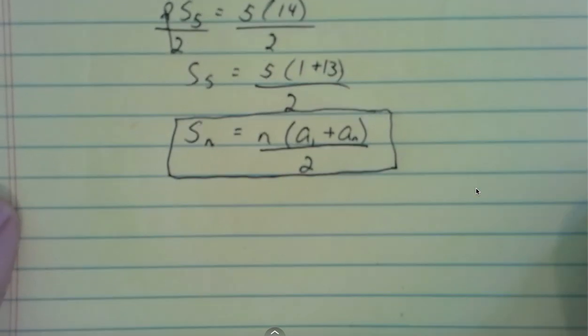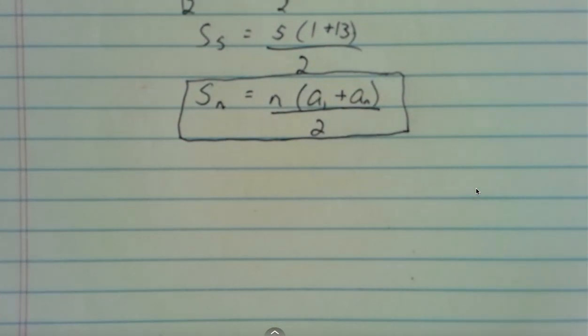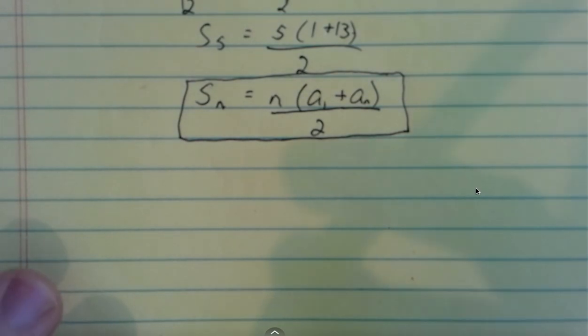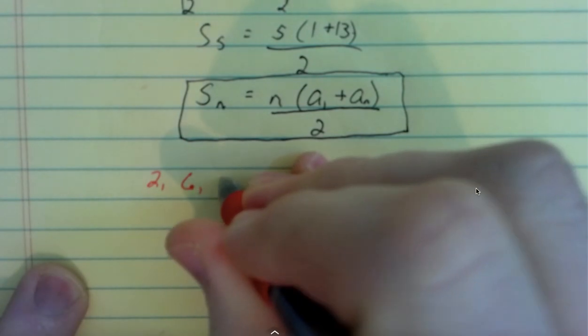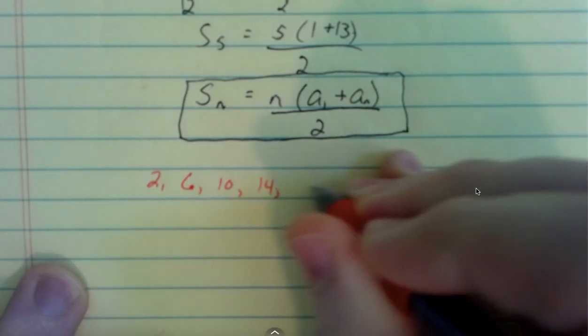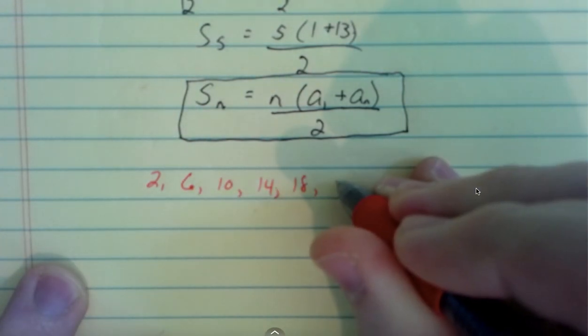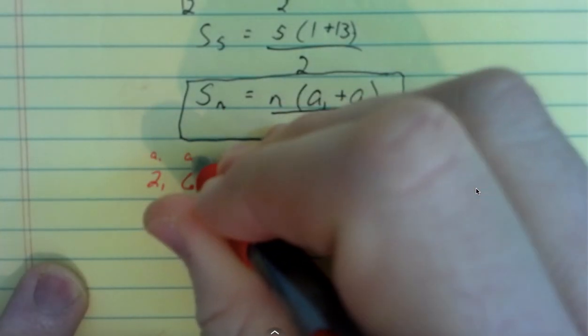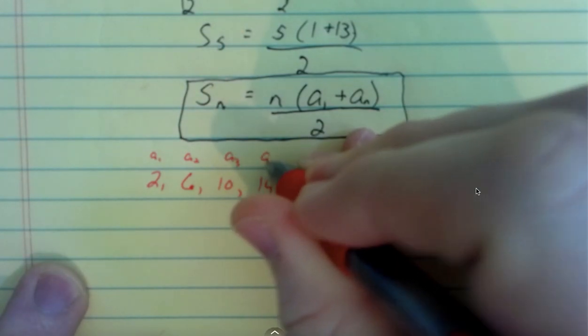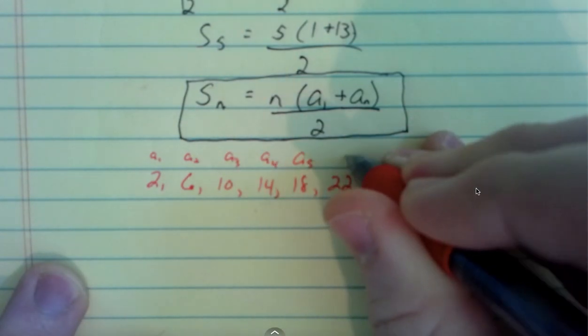Okay. So let me just show you again what this looks like now in a problem. We're going to take a look at the sequence, which is 2, 6, 10, 14, 18, and 22. Again, we can see this is a sub 1, a sub 2, a sub 3, a sub 4, a sub 5, a sub 6.